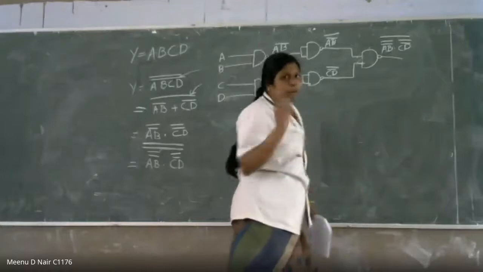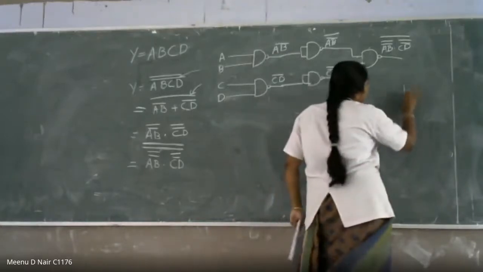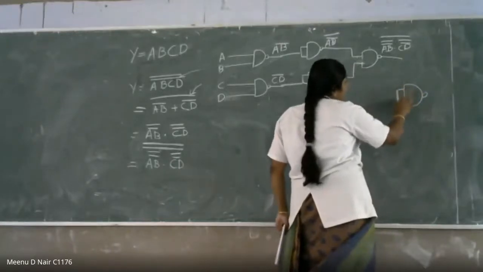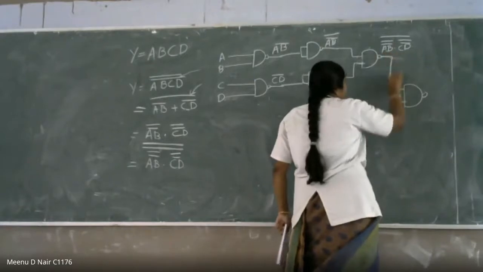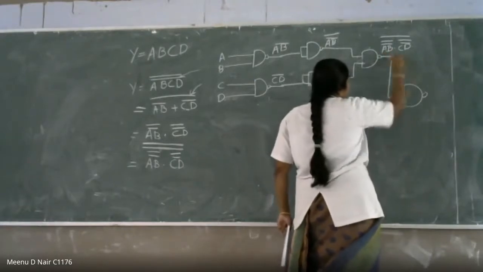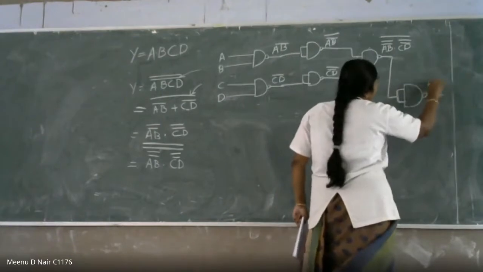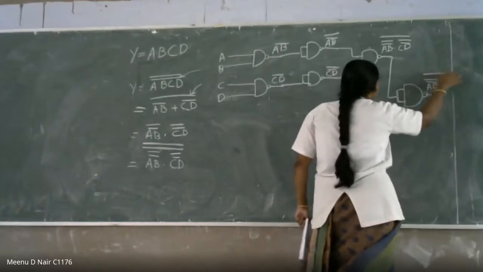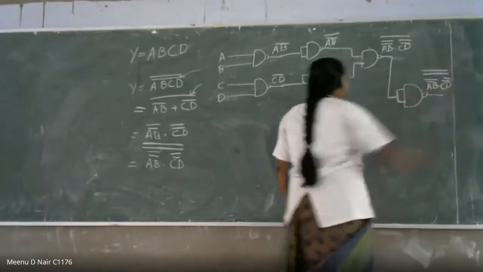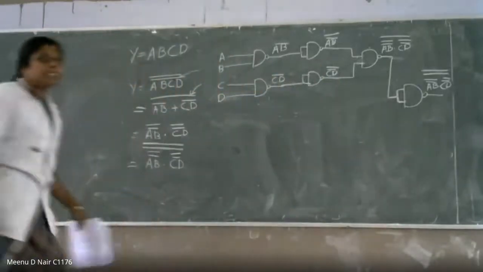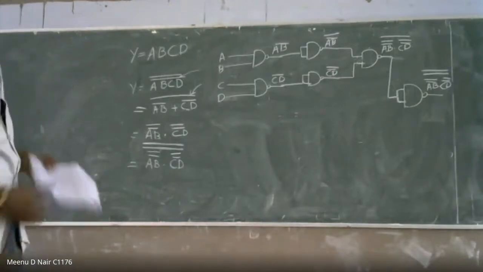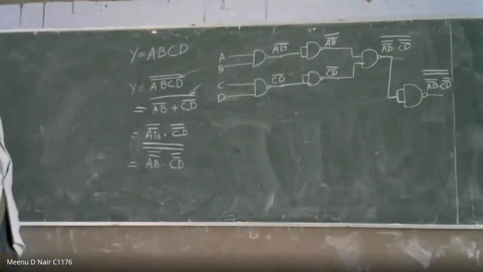Now again you need one more bar, so the same input is given to both inputs. So your answer will be AB double bar into CD double bar, double bar. This is the circuit diagram.